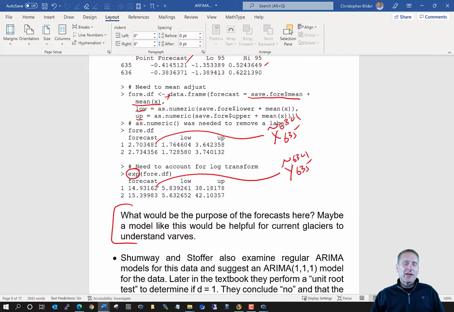I think the best conclusion that I can come up with is that maybe a model like this would be helpful for understanding current glaciers and understanding the varves that they produce. And so I think that might be reasonable. I am not a hydrologist, so I can't really comment further on why this kind of forecasting would be important.